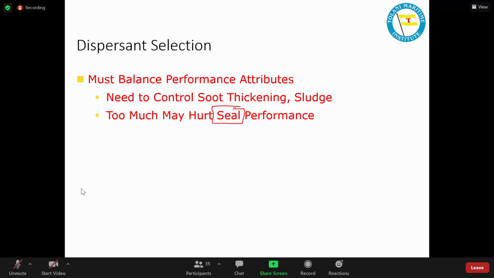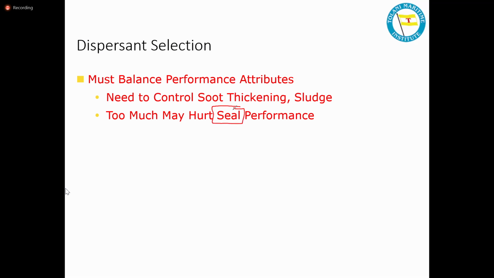This is talking about the seals which may be used in the system, like O-rings, lip type seals and so on. I'm not really sure how it affects the seal, I have not gone into that, but it will affect the performance of the seal in the sense that the seal will become hardened over a period of time, or may become swollen. So it may affect the life and also the performance of the seal.